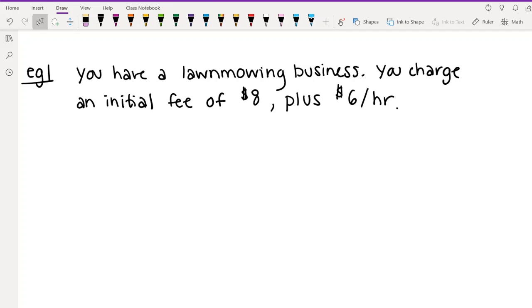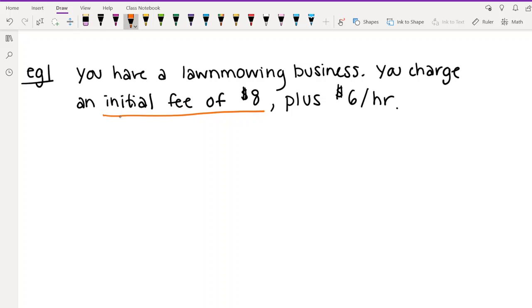Okay, so let's try to figure out from this, what is going to be our slope and what is going to be our y-intercept. We see this word initial. Initial should make you think of the starting amount, the initial amount. So it seems like the y-intercept should be 8. Another way of thinking about that is the y-intercept is basically the thing that isn't changing. Everyone gets charged $8, right?